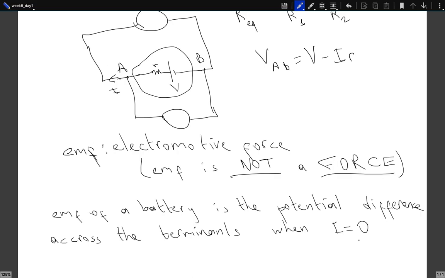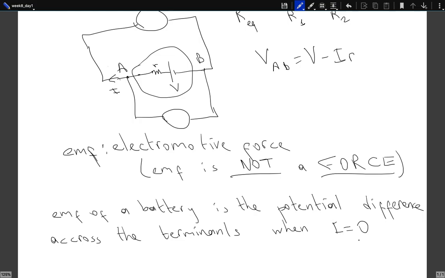So if there is no current running through your circuit, then if you connect your potential measuring device to the terminals of your battery, it will show you the EMF. And the number written on the batteries that you buy, 1.5 volts or 1.2 volts or whatever, is actually the EMF of the battery.